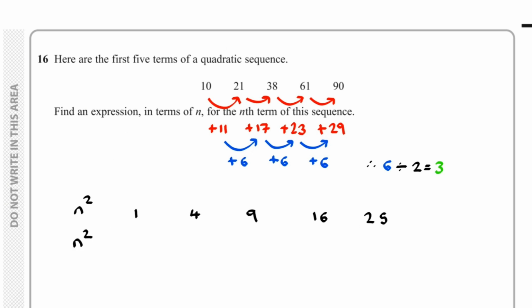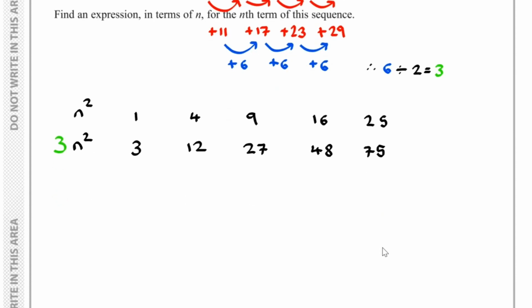And then we write out the 3n squared terms. 1 times 3 is 3, 4 times 3 is 12, 9 times 3 is 27, 16 times 3 is 48, 25 times 3 is 75. And then at this point, we write out the sequence.